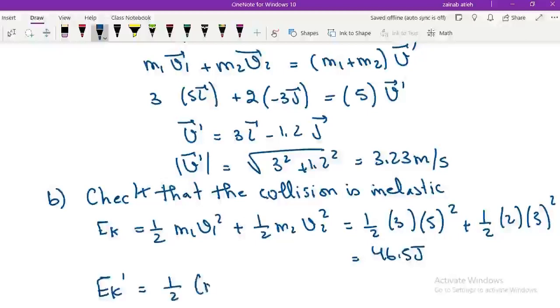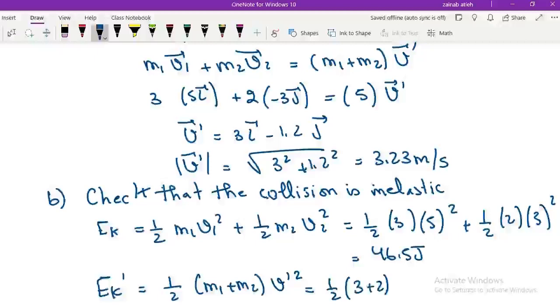After collision they form one system, so it's half m1 plus m2, I've called v prime squared, no need for the vector. It will give me half m1 plus m2, which is 3 plus 2, which is 5 for sure.